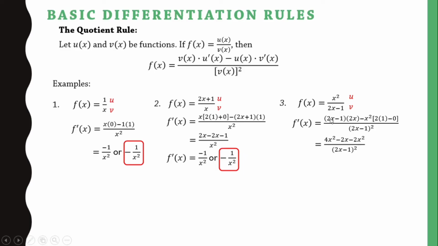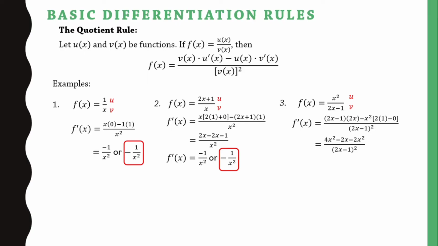Okay, simplify. So here we multiply 2x and 2x minus 1. So 2x times 2x, that's 4x squared. 2x times negative 1, that's negative 2x, so we put here minus 2x. So this is simply x squared times 2, so we have here minus 2x squared. So square the denominator, so that's 2x minus 1 quantity squared.